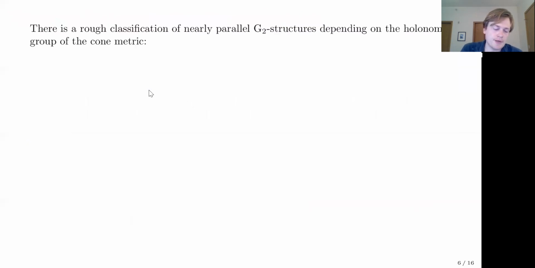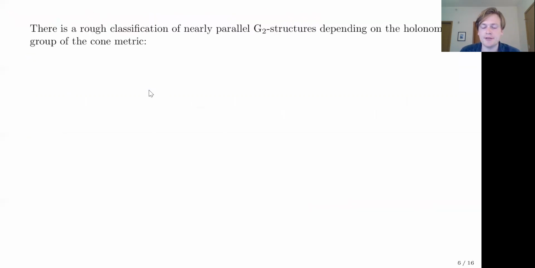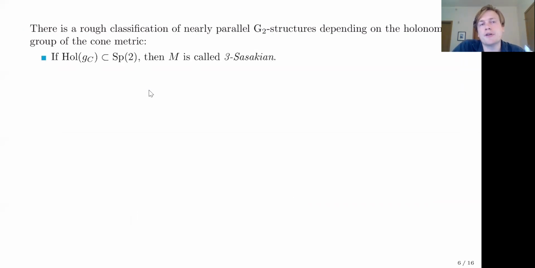Now, in this proposition, the holonomy group just had to be contained in Spin(7). Spin(7) has several subgroups which can be holonomy groups, and this gives us a rough classification of nearly parallel G2 structures, depending on what the holonomy group is. So if the holonomy group of the cone metric is contained in Sp(2), then M, which will be nearly parallel in this case, is called a 3-Sasakian manifold.